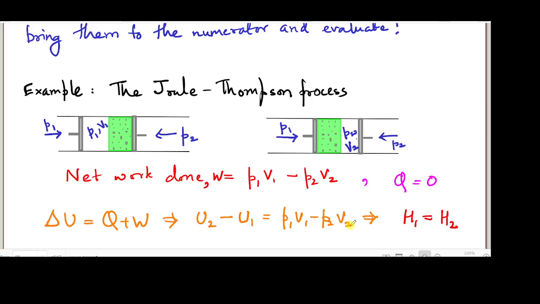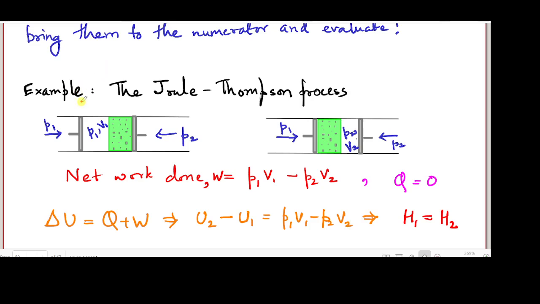In fact, it will not even be defined during the process. What you really know is at the end and at the beginning of the process, you have two steady states, two equilibrium states which have the same enthalpy. However, that is enough to ask and answer a very important question.